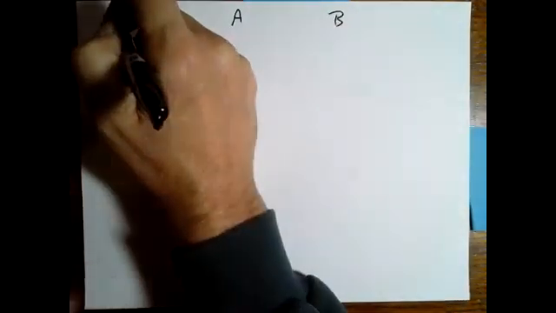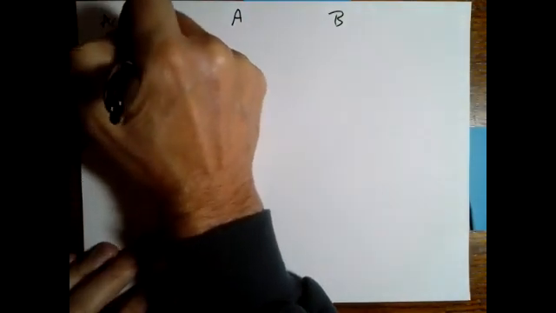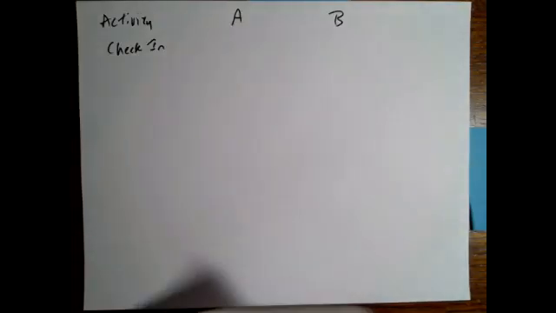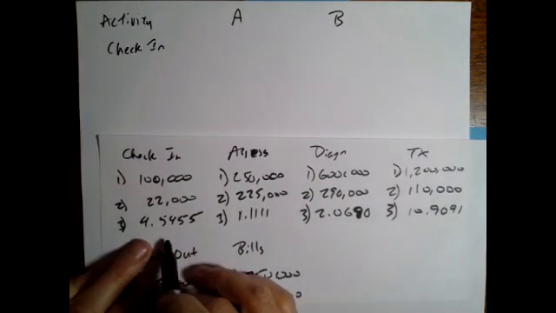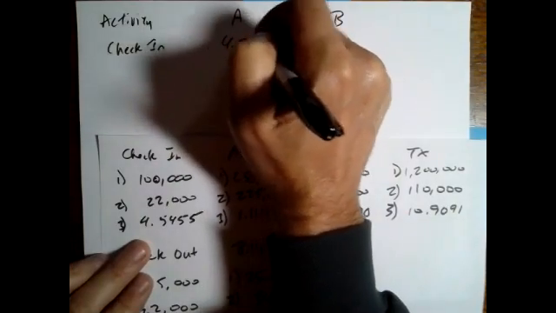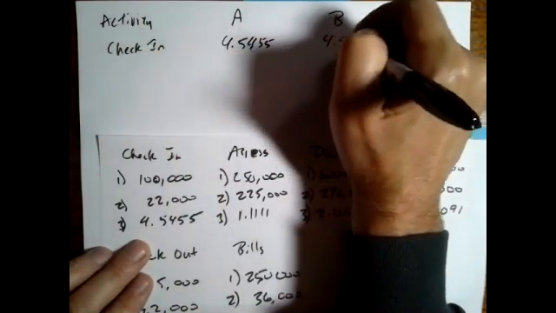Part B is then to determine the cost per visit for each type of service. All right, here we go. So we're still going to be looking at the activity for each clinic, A and B. The first activity is check-in. We have 1 check-in for each visit, and we calculated that check-in is $4.5455, and that's the same for both, right?